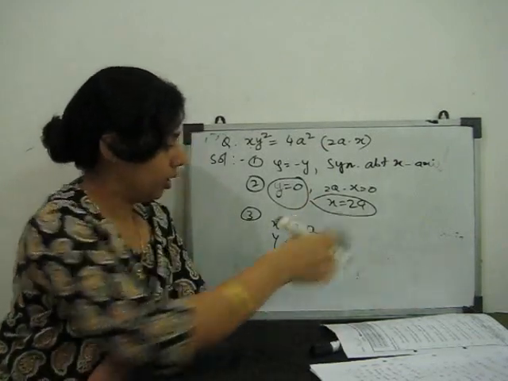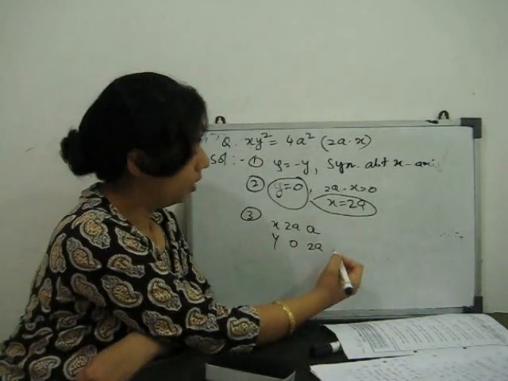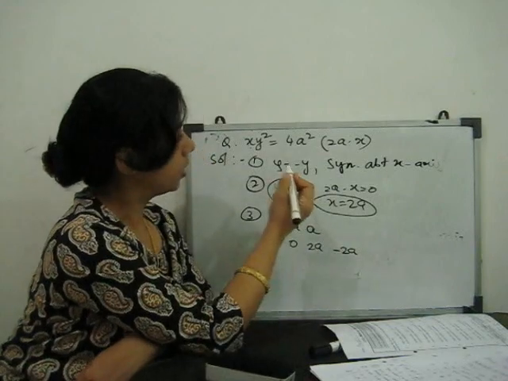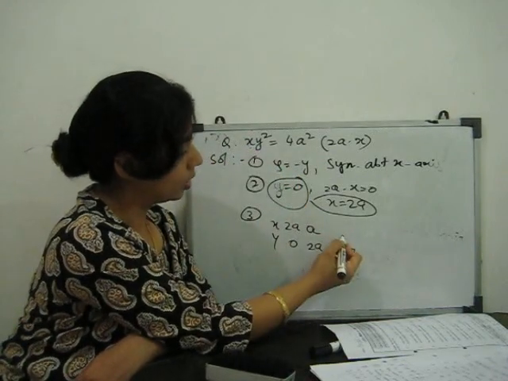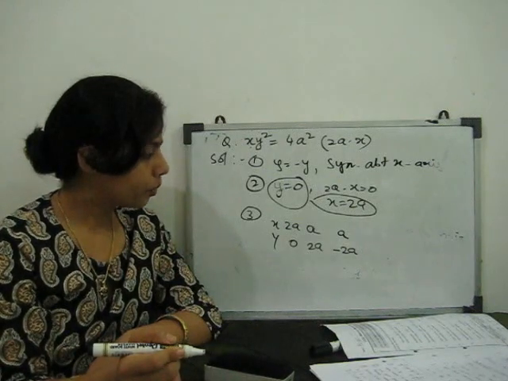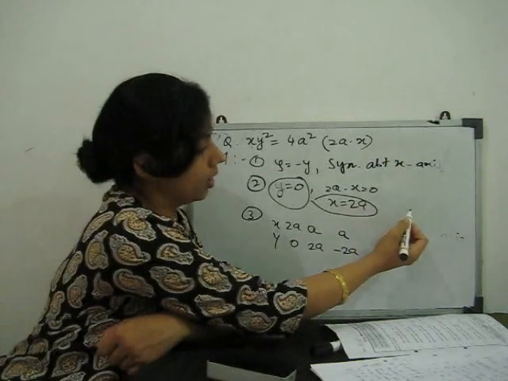So at the point y equal to 2a, x is equal to a. Similarly, for y equal to minus 2a, if we put minus 2a, same, x is equal to a. You can find some more points if you need for tracing.